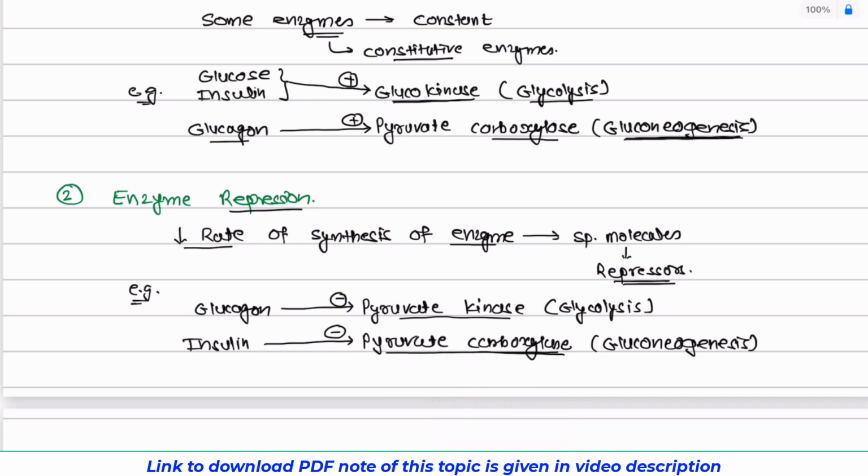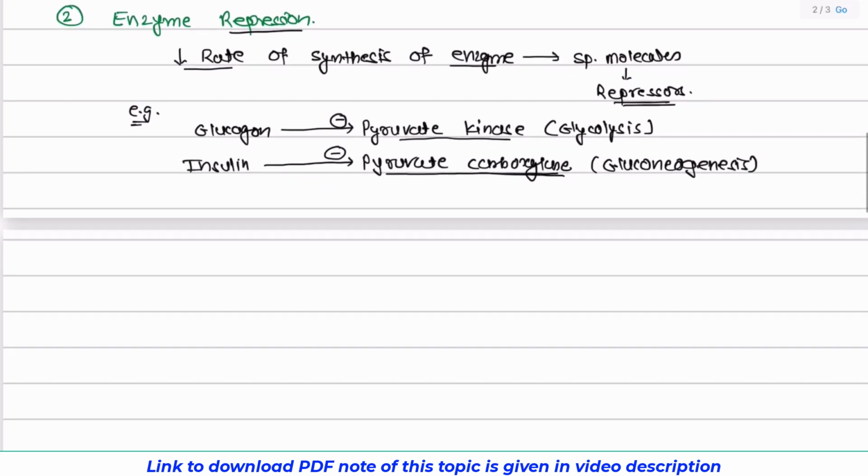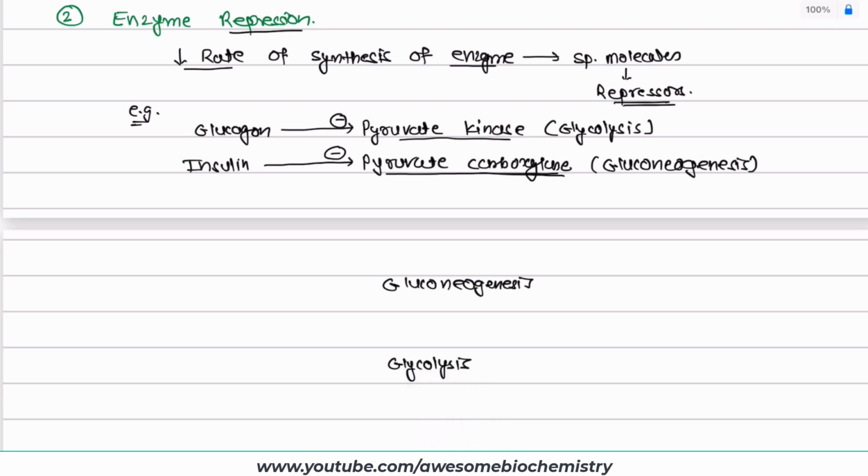Now if you are an astute viewer, you must have noticed that enzyme induction and enzyme repression are both carrying out one very beautiful balance of the metabolic pathways. See, if you compare gluconeogenesis, which is synthesis of new glucose, and glycolysis, which is the breakdown of glucose, right? Both are very well controlled by enzyme induction and enzyme repression. So let's first look at glucagon.